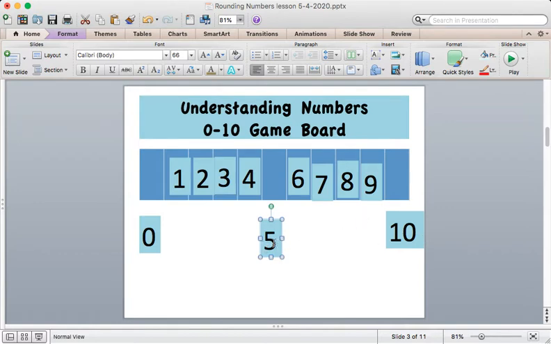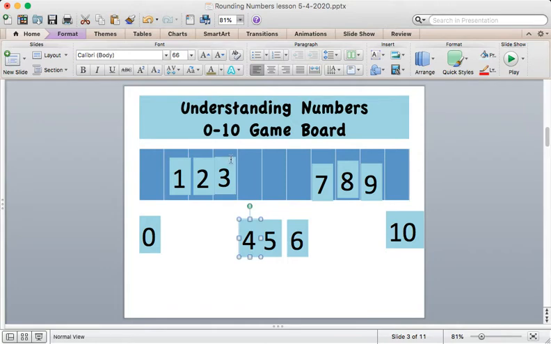Understanding where your numbers are placed is really very important. So we have to make sure that we know what number comes after 5 in our number line and what numbers come before 5. So we know when we're looking at our numbers that 4 comes before 5 and 6 comes after 5.